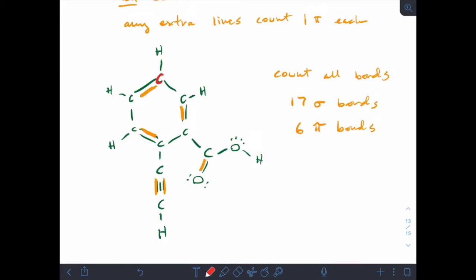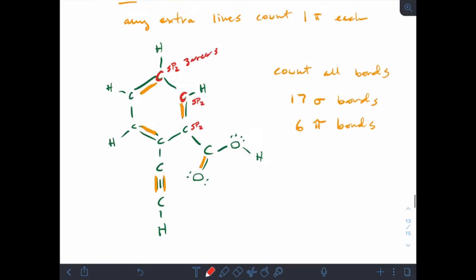So how many areas of electrons are around that carbon? And the answer is 3. So that carbon is sp2 hybridized. Right? 3 areas. Right? So the carbon just to the right of it, this carbon, 1, 2, 3, also sp2. This one is sp2. All of these carbons are going to be sp2.